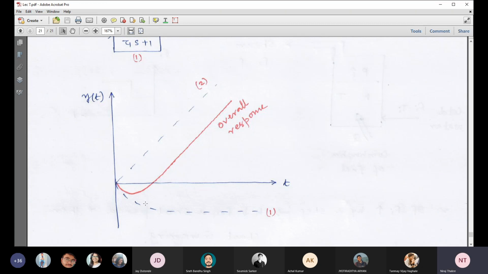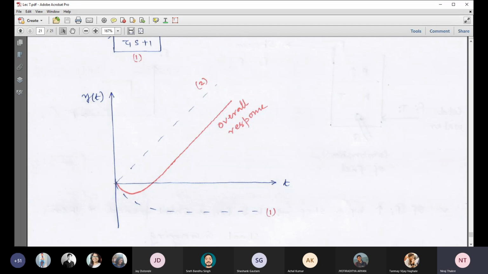So from this graphical representation, are you understanding why it is called the inverse response? Any student? Yes. Because initially the response is in the opposite direction. Yes. Initially, it is just going in reverse direction. You see, it is decreasing, but after that, it is increasing. That's why the inverse response term is involved.